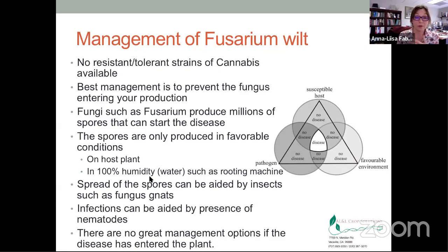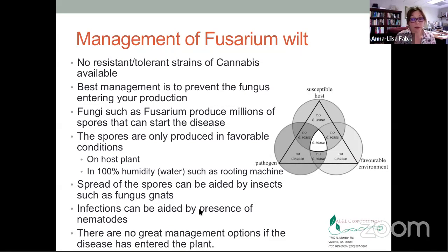So to avoid that, you try to make sure that you are not adding any Fusarium. Even just one infected cutting can inoculate all the rest of the cuttings in that machine. Then the spores can also be spread by insects from pot to pot. Insects such as fungus gnats can transmit these spores.